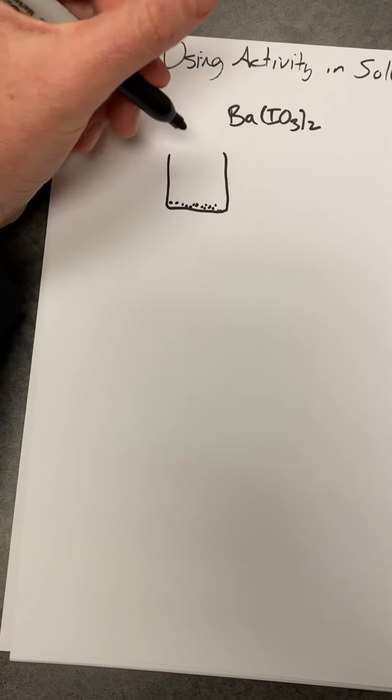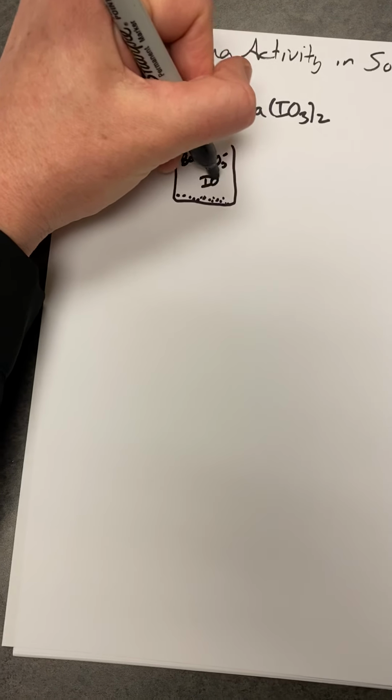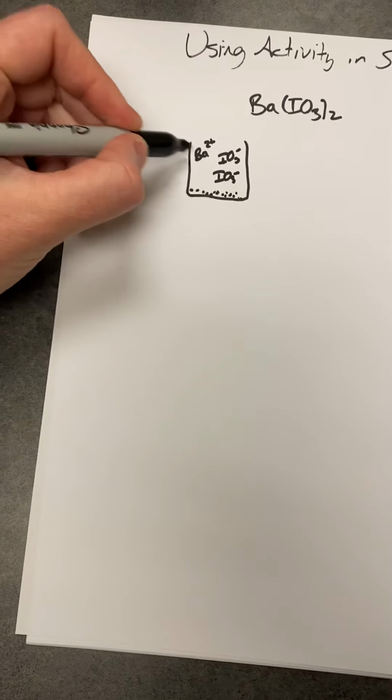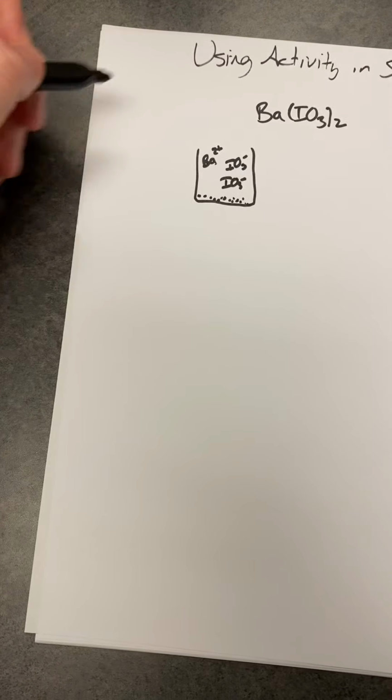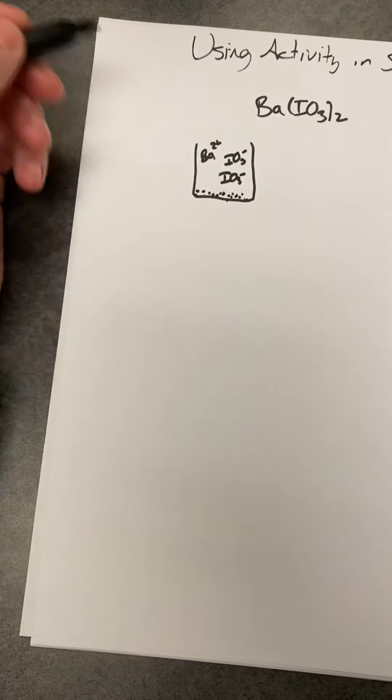So when you run into something that doesn't break apart in water, in other words, if you put some barium iodate into water, you'll get some barium ions and some iodate ions. But for the most part, they'll stick together, meaning this barium will hang out with two iodates. And that means that they'll be a solid and generally fall out of solution somehow.